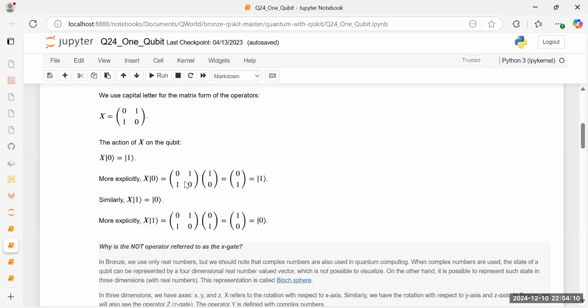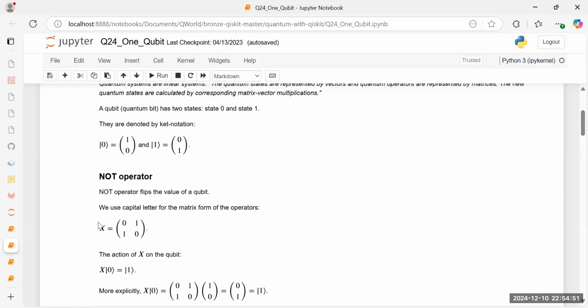If we perform some matrix vector multiplication, with the matrix for the NOT operator and the 0 state, the vector we end up with is the vector for the 1 state. We also tried out the reverse, where we have the 1 state, perform the matrix vector multiplication, and end up with the 0 state.